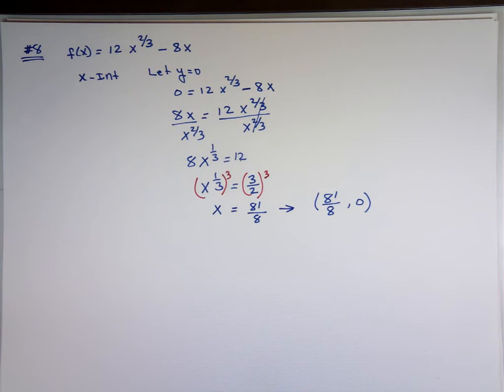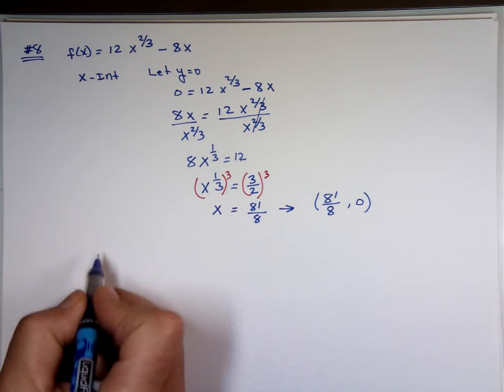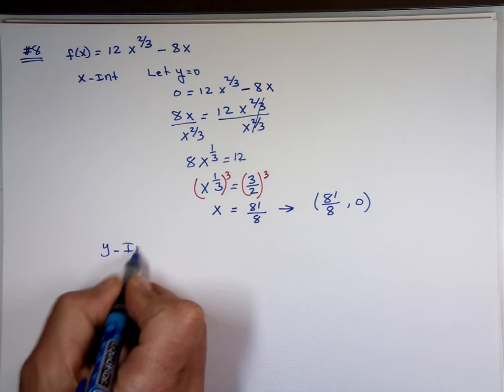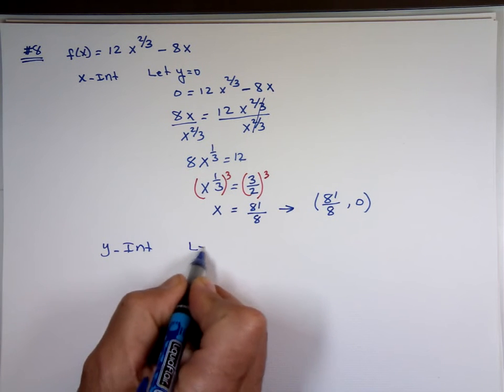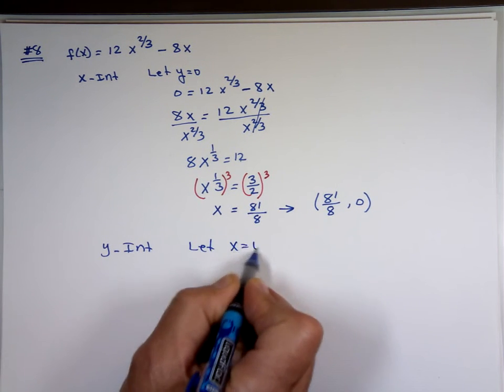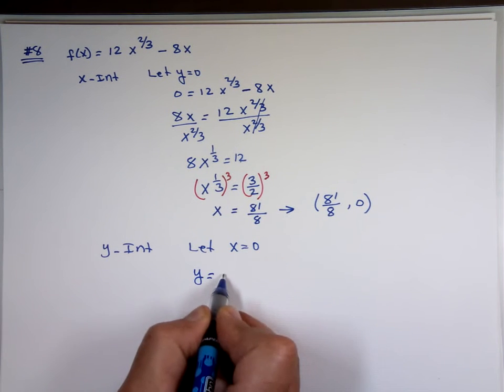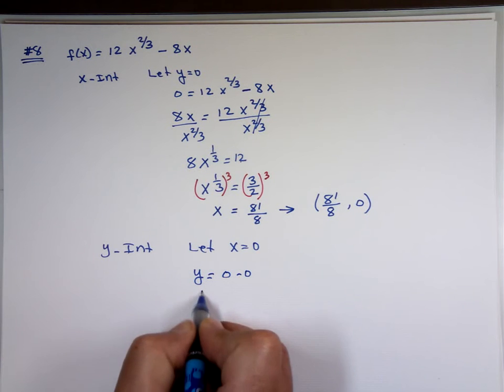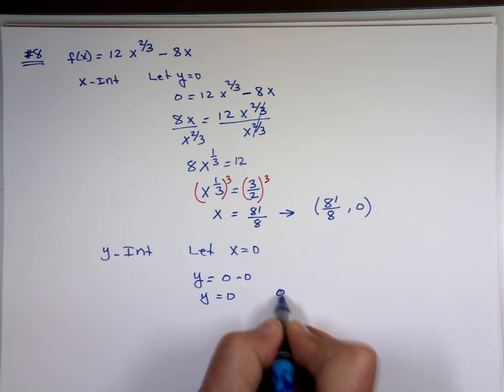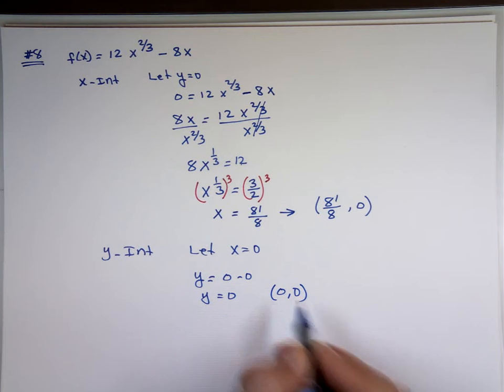The y-intercept, what do you do? You let x equal 0. They're asking you for these questions. If you let x equal 0, y equals what? 0 minus 0, which is 0. So that's 0 comma 0. 3 cubed, 27. 3 times 3 is 9, times 3, 27.